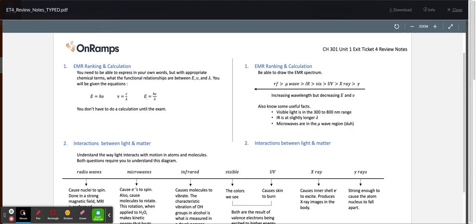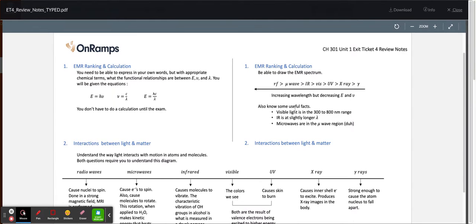So as this increases, this decreases. As H increases, E also increases. Just think about direct and indirect relationships between these different things, what they mean, as well as knowing how to put them in order and where things are.